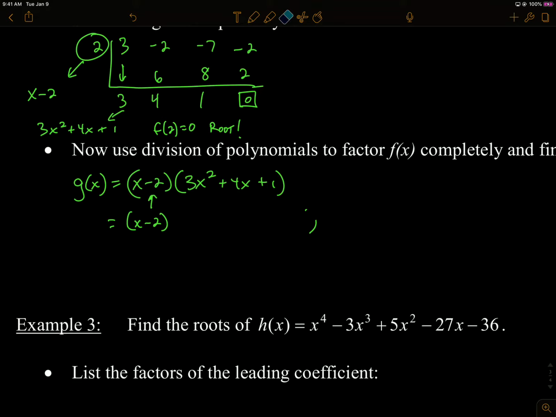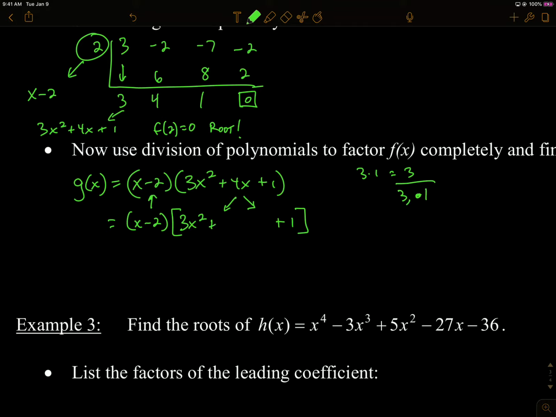Actually, let me do this, because this one's going to be a split the middle term guy. So we're going to keep the 3x squared, and we're going to keep the plus 1. We're going to split that middle term. So we're looking for the factors of 3 times 1, which is 3, that add to 4. It's going to be 3, and it's going to be 1.